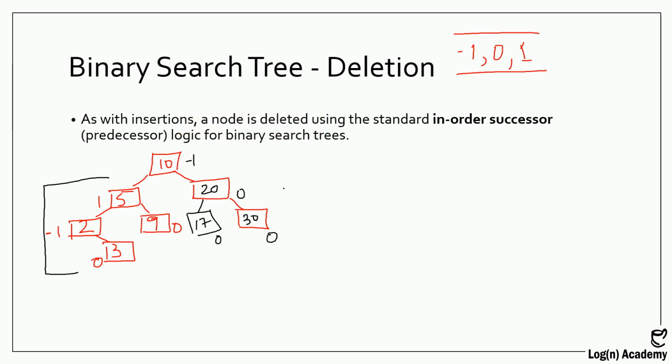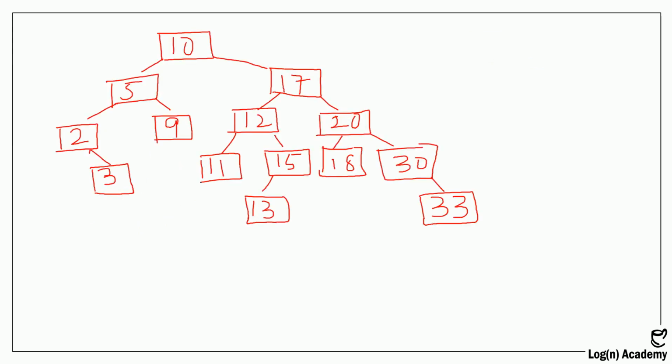Now we have a tree something like this, and it is a balanced tree. Now let's try to delete some nodes from this and see what happens. Let's first delete node number 9. Now let's calculate the balance factors.